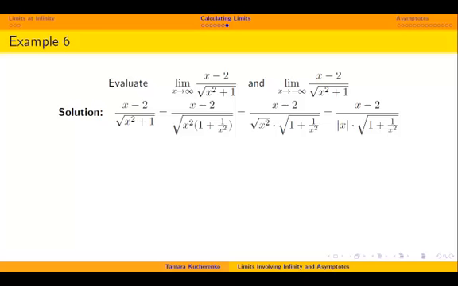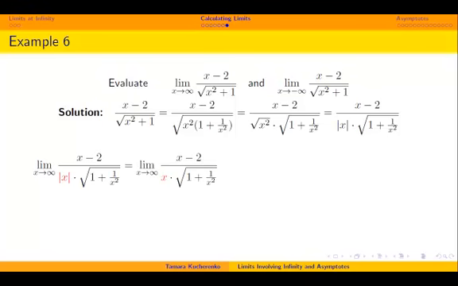Absolute value of x behaves differently for positive and negative values of x. That's why limits at positive and negative infinity will be different. When we compute the limit as x approaches positive infinity, we only consider large positive values of x, and thus we can simply drop the absolute value here.